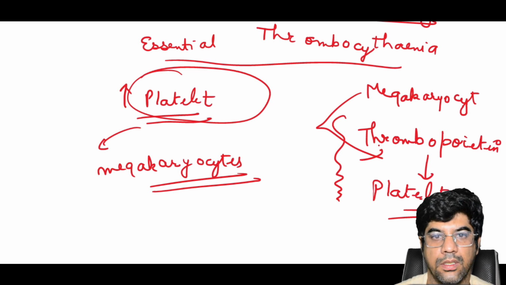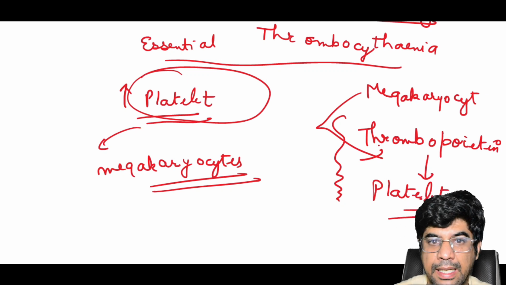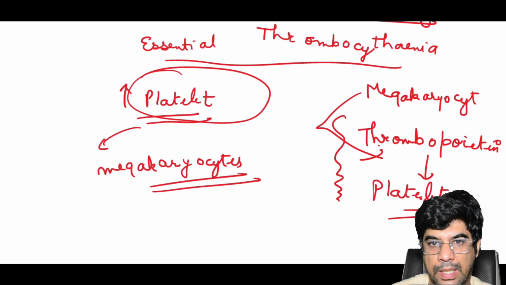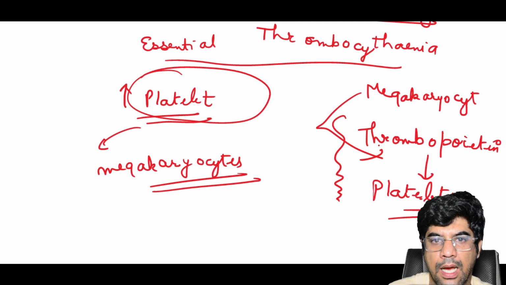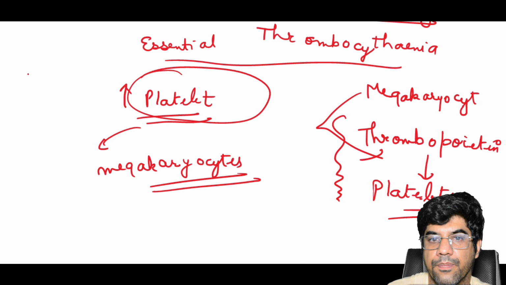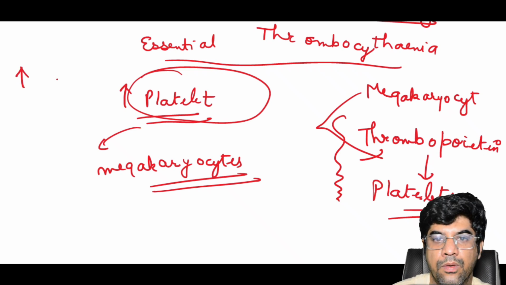Now the typical clinical features would be, it is more seen in the older individual. There would be bleeding, excessive bruisability following a minor trauma, and transient ischemic attack or stroke can occur. So there is an elevation in the platelet count above 4 lakh.